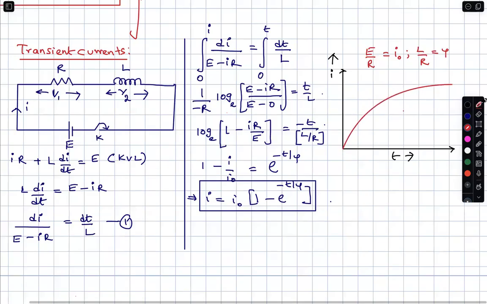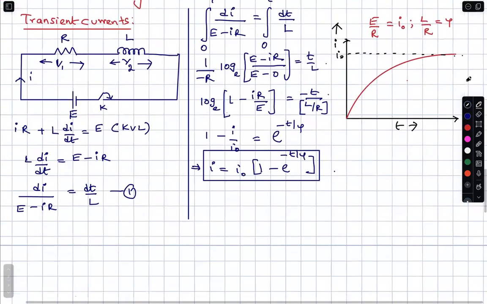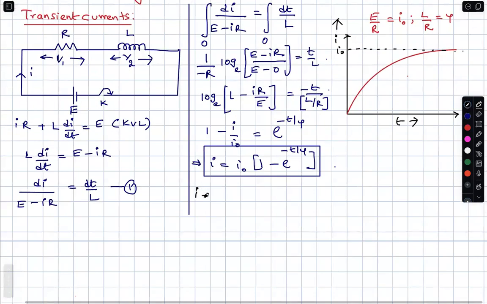That's how you'll get the graph. Remember, this is corresponding to the maximum current, I naught, after a long time.